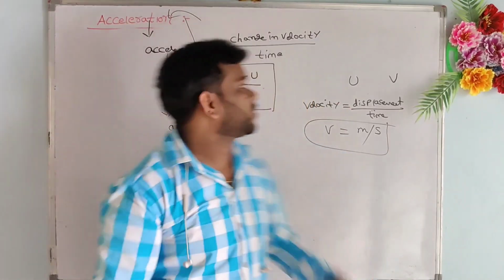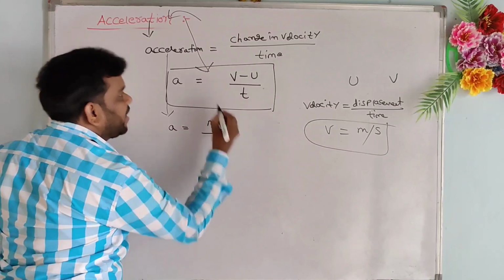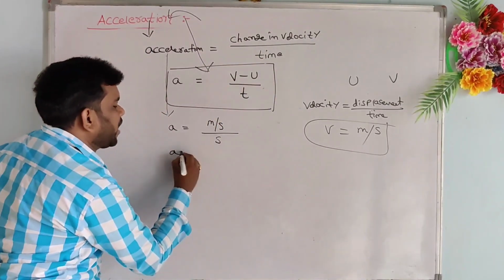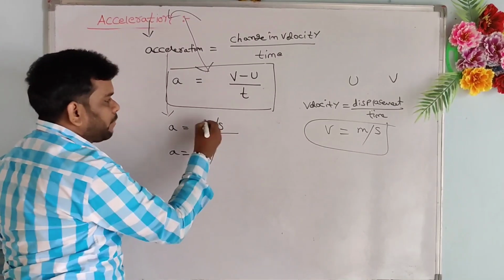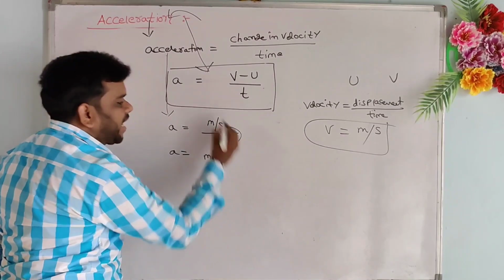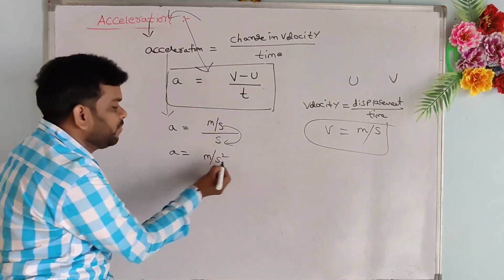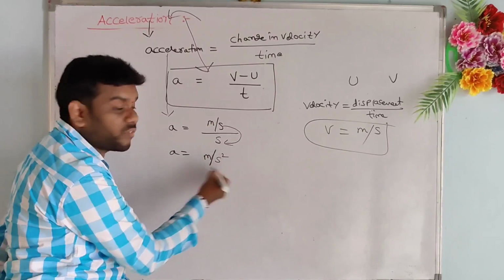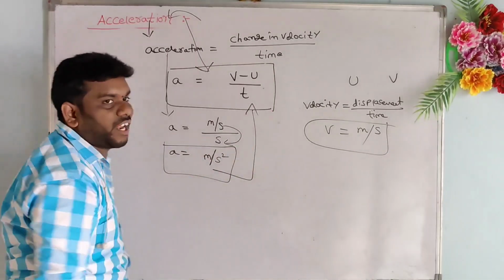Meter per second. Substitute here: meter per second, divided by the units of time, so A is equal to meter per second divided by second, meter upon second square. Then finally, what are the units of acceleration?